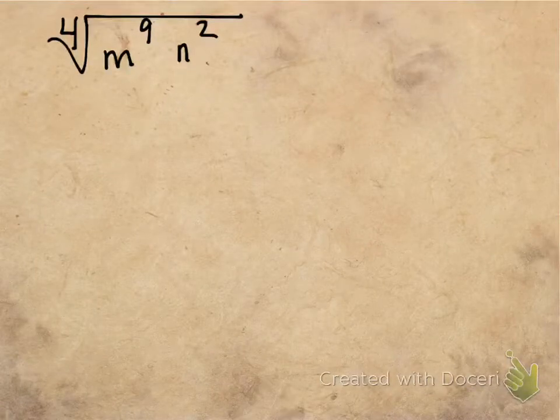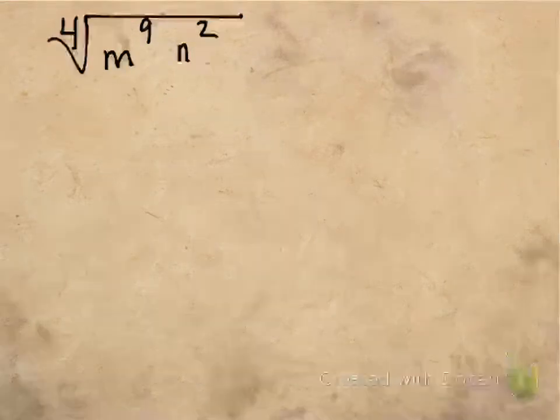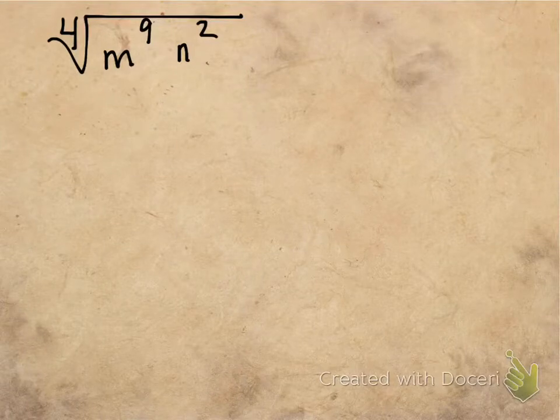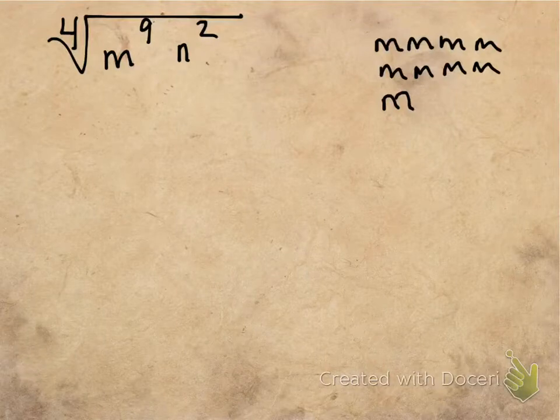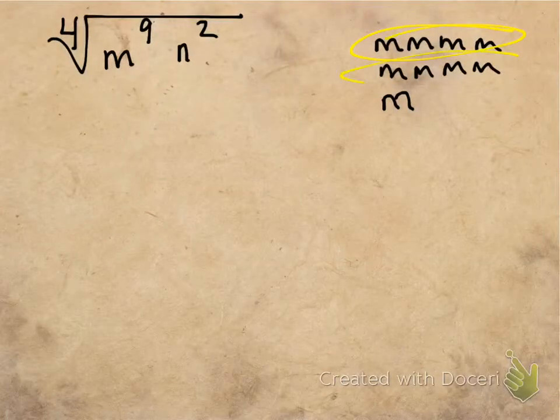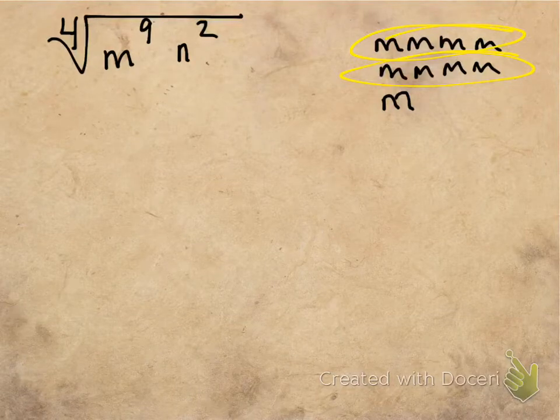And so when I'm working this, I'm looking for m, and I'm wanting to see how many sets of 4 can come out. If you need to, this may help you. See how I set that up when I'm writing them out? I only went to 4 in each row. And that may help you see there's 2 sets. So that means m squared comes out.